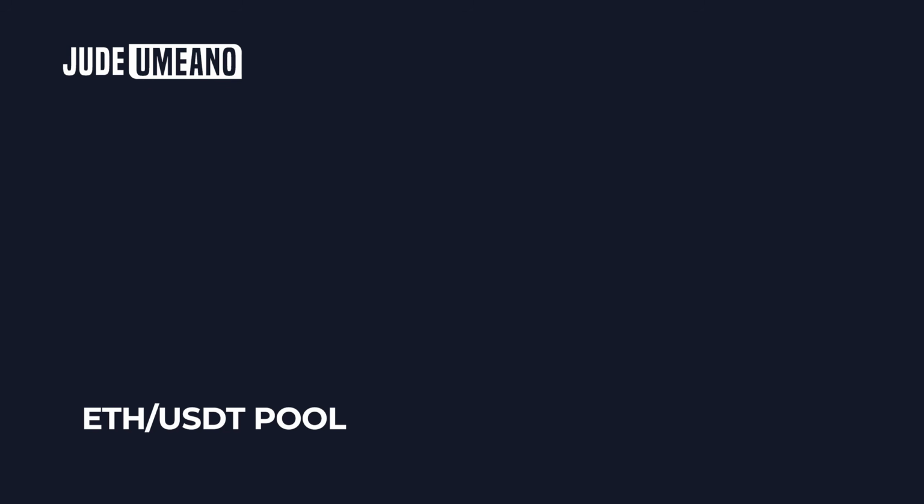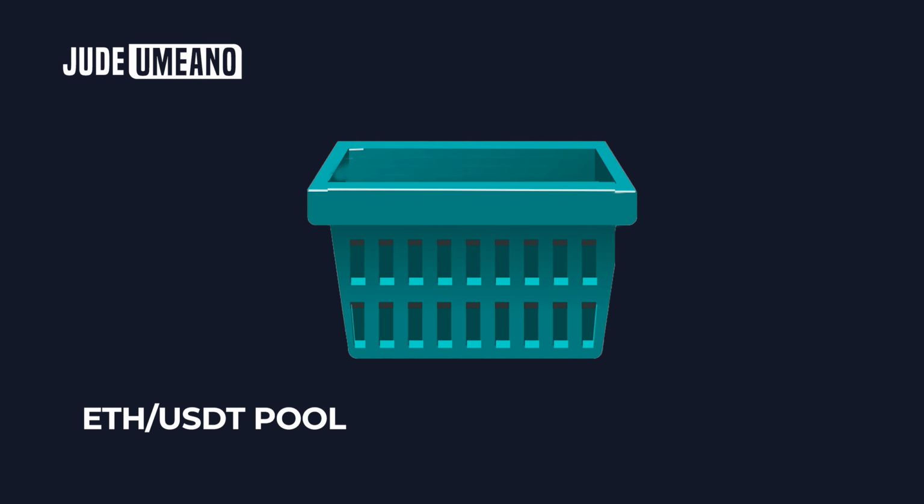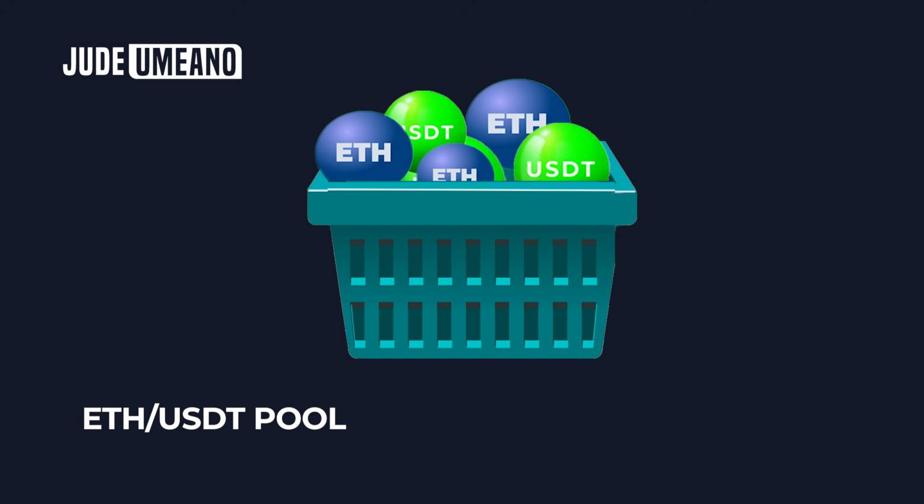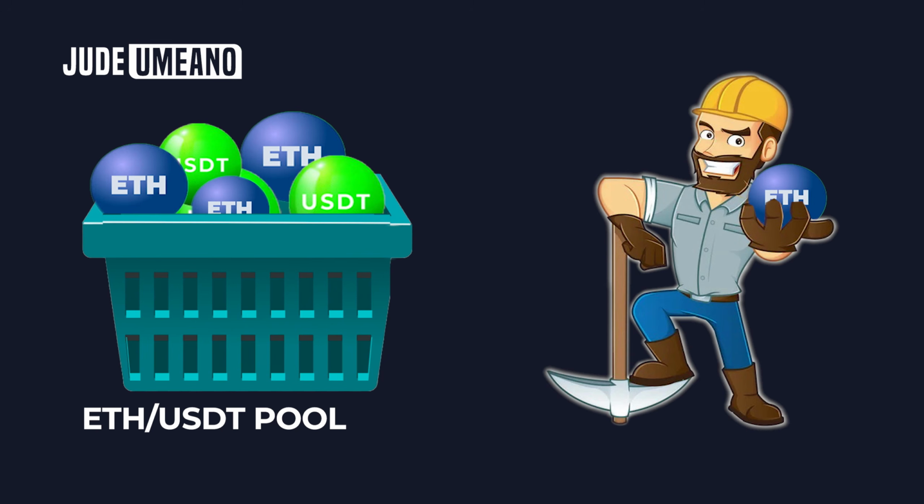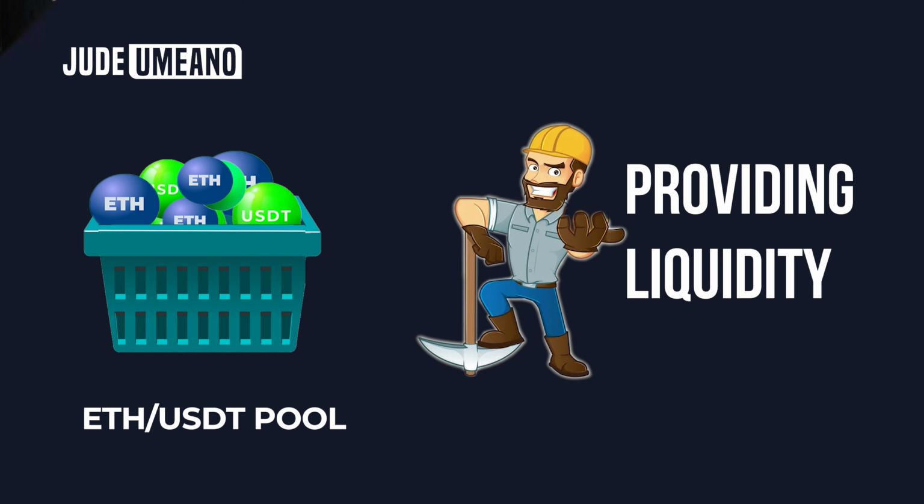Still using the ETH USDT pool. Imagine that these baskets represent the pool. Inside the basket is an equal proportion of ETH and USDT. Liquidity miners can continuously add more ETH and USDT to this basket. This is called providing liquidity.